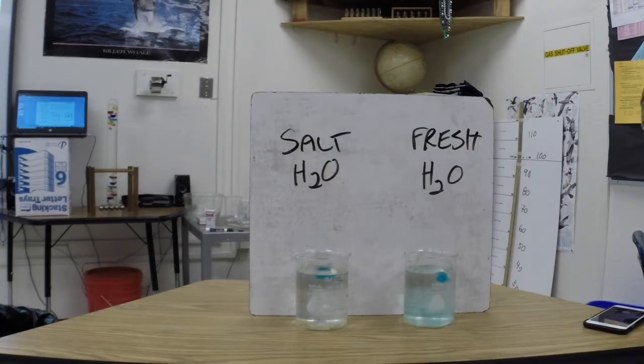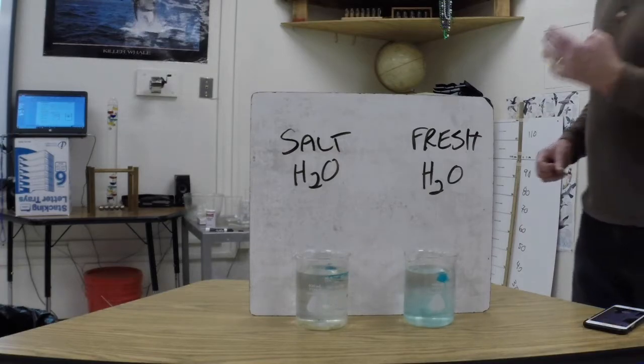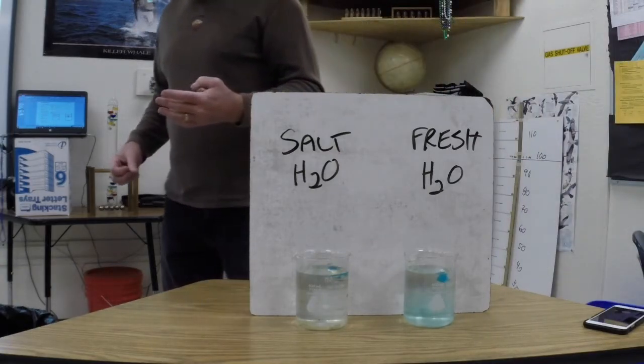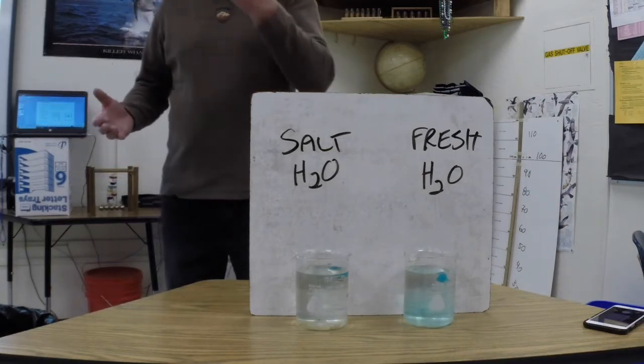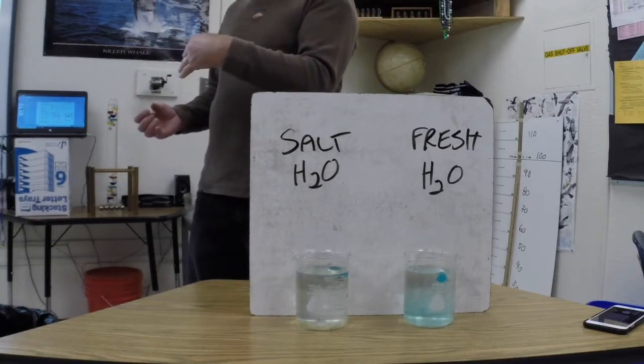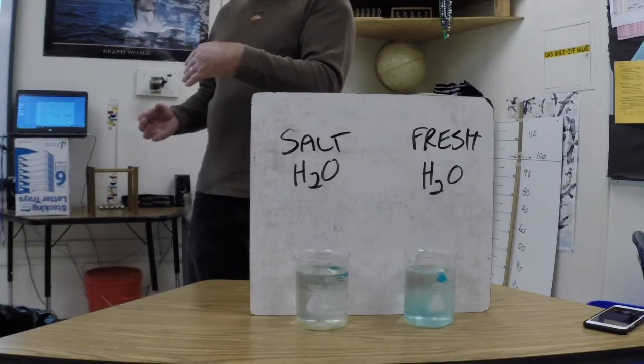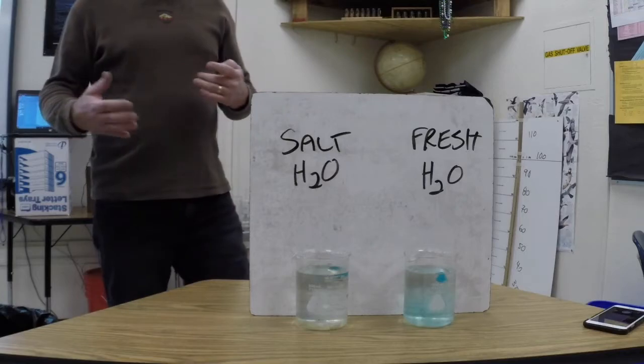Time. Time to melt. The melting time is the dependent variable. Does it depend on whether there's salt present or not? That's why it's called dependent variable, because it depends on the independent variable. Does that make sense? I think of them as cause and effect.